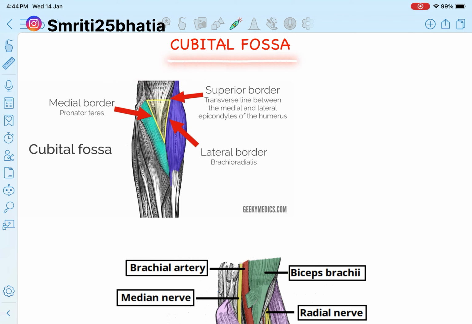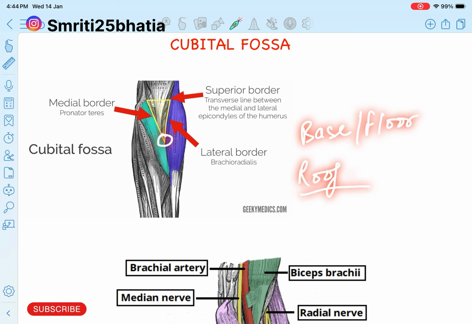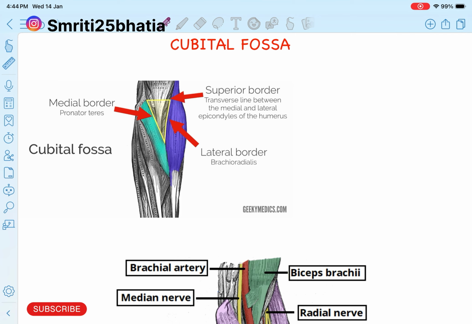So, the cubital fossa has three borders, one apex, one base, or we can say one floor and one roof. So, the basic structure of cubital fossa: we have six things to study.